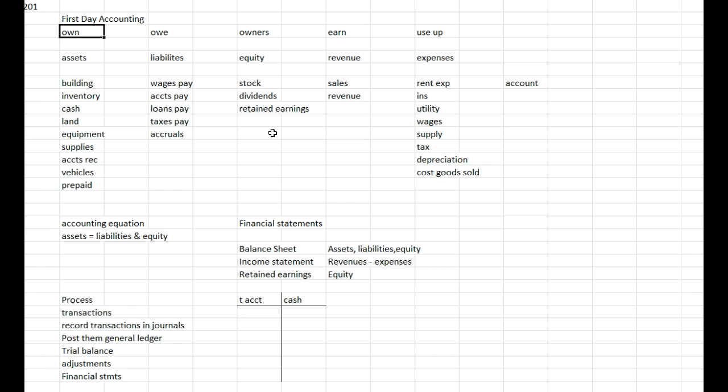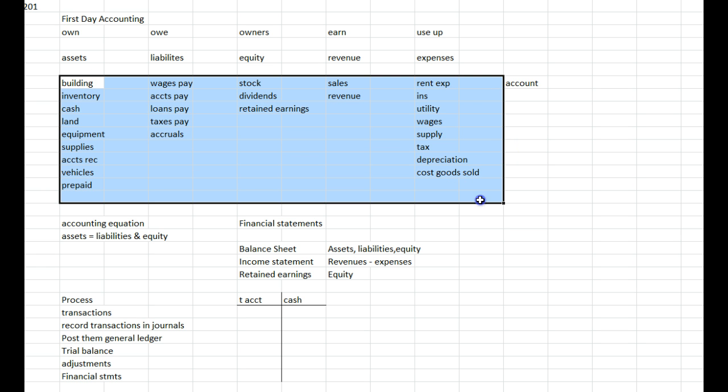Could be rent expense, insurance expense, utility expense, wage expense, supply expense, tax expense, depreciation expense, cost of goods sold, and these are just a few of them. These all represent accounts that the company would keep track of.